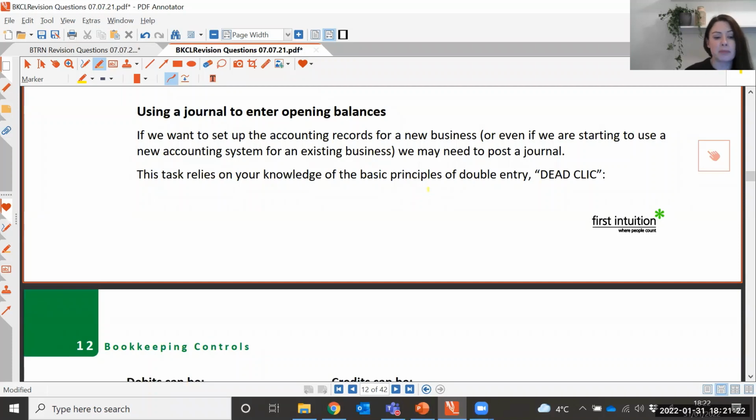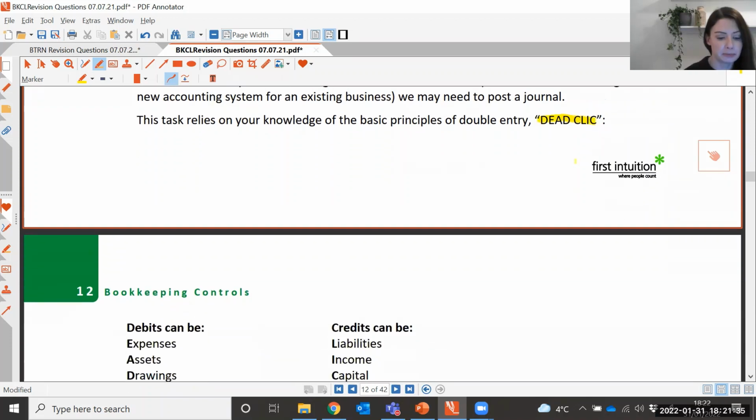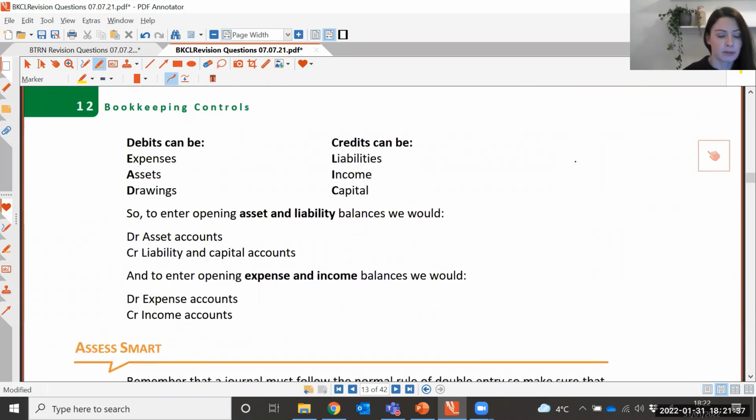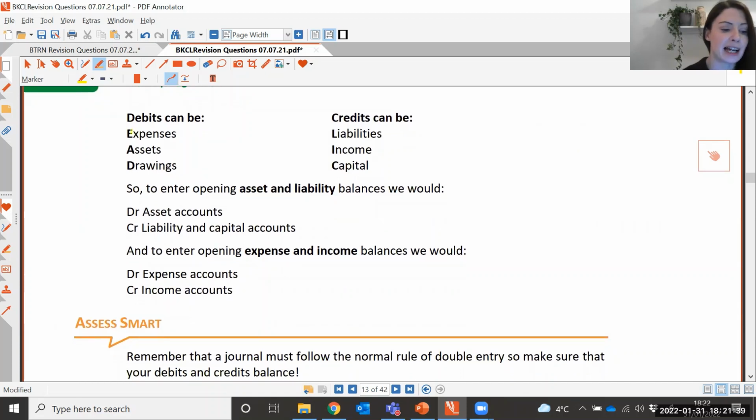If we want to set up the accounting records for a new business, then we need to post a journal. Now, on this particular task, it's important that you revert back to using the dead and click principles. Just remember, on the dead side, we have expenses, assets, and drawings. And if any of these are increasing, it would be a debit.